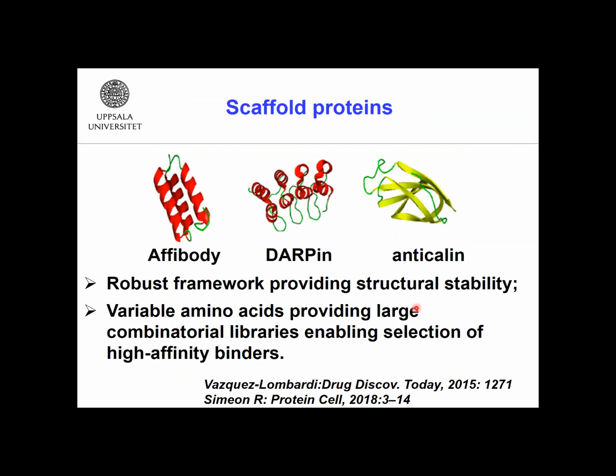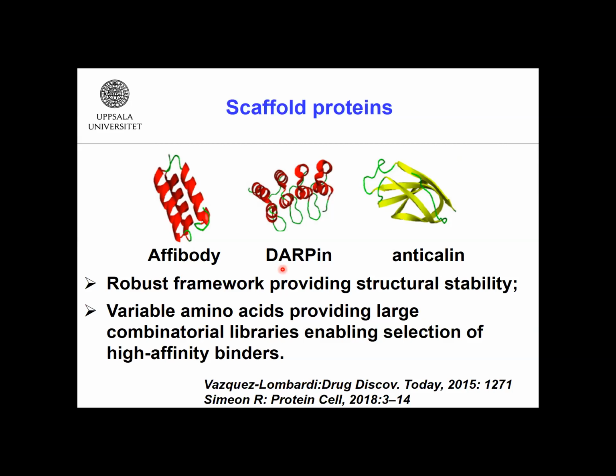And a scaffold contains a robust domain which folds spontaneously. So one could find in Mother Nature different scaffolds which you needn't pre-organize, you needn't even add the disulfide bridges, they just form spontaneously. One example, by the way, is of course immunoglobulin, which is an example of the scaffold.